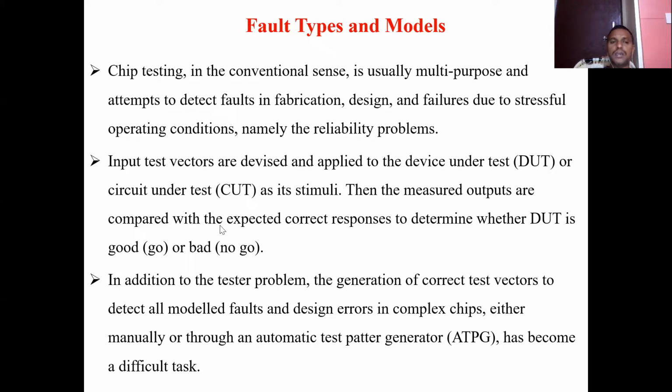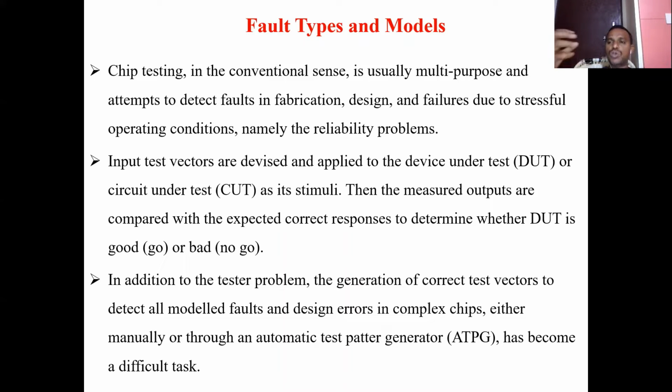So you are applying some input values, that is, input test vectors. Generally here we call them test vectors instead of inputs. So input test vectors are devised and applied to the device under test. Applying them is nothing but controllability, and observing the outputs is called observability.